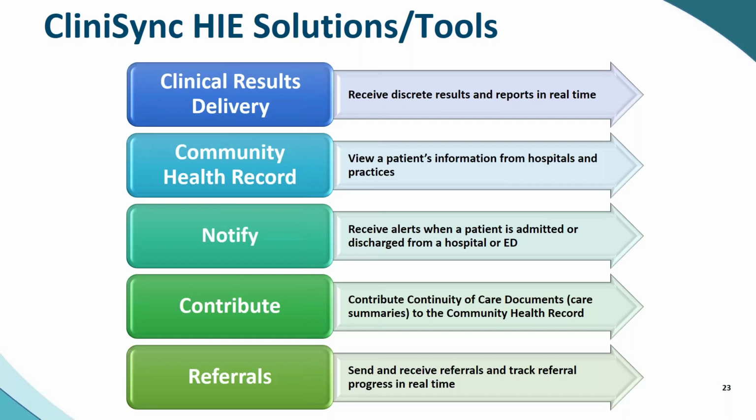We also have the community health record. This is our longitudinal patient record that provides a single consolidated view of each patient who has been identified for which we have data within the HIE. This community health record can present as both a web solution or be directly integrated within your EHR.